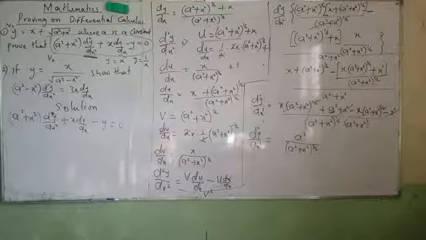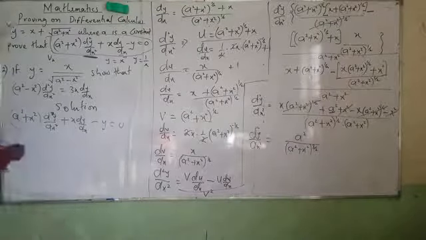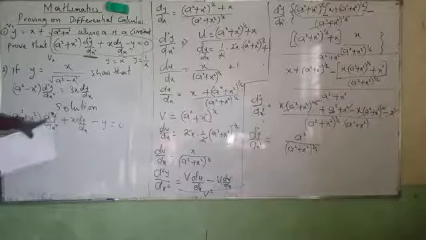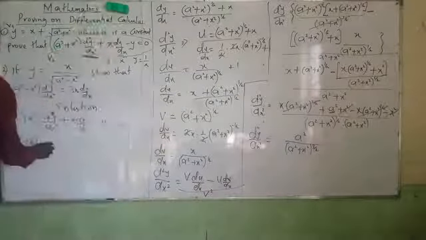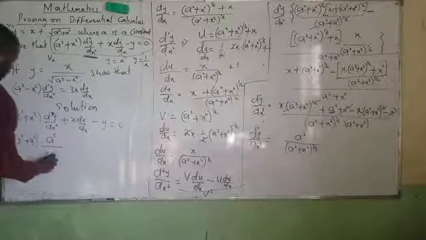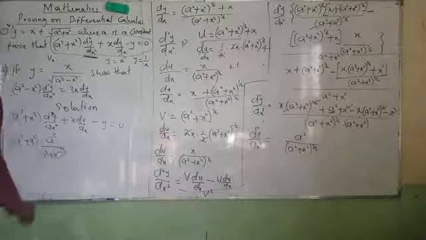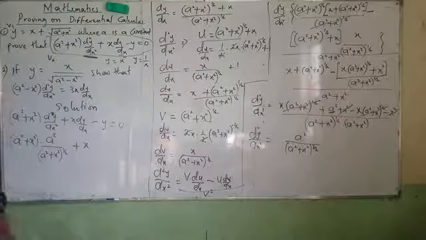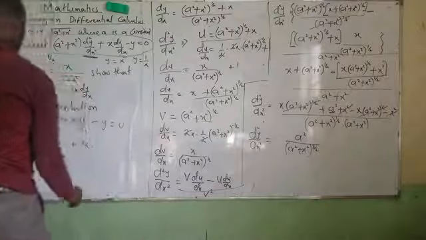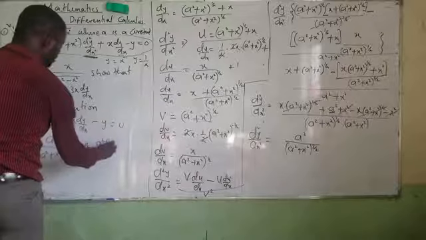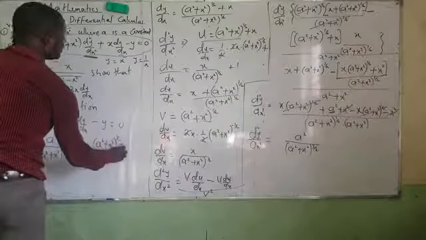Now, what I just need to do is this. I have a squared plus x squared dot, what is d squared y? This is going to be a squared divided by a squared plus x squared bracket of 1 all over 2, which is this. Now, I will move on to the next one, plus x dot dy over dx, which I'll be having x squared, a squared plus x squared bracket of 1 all over 2, plus x.